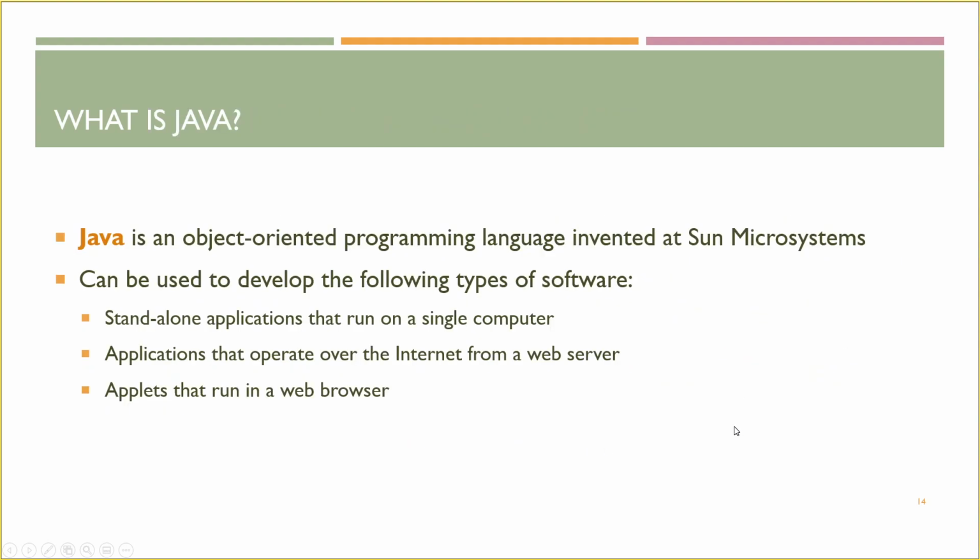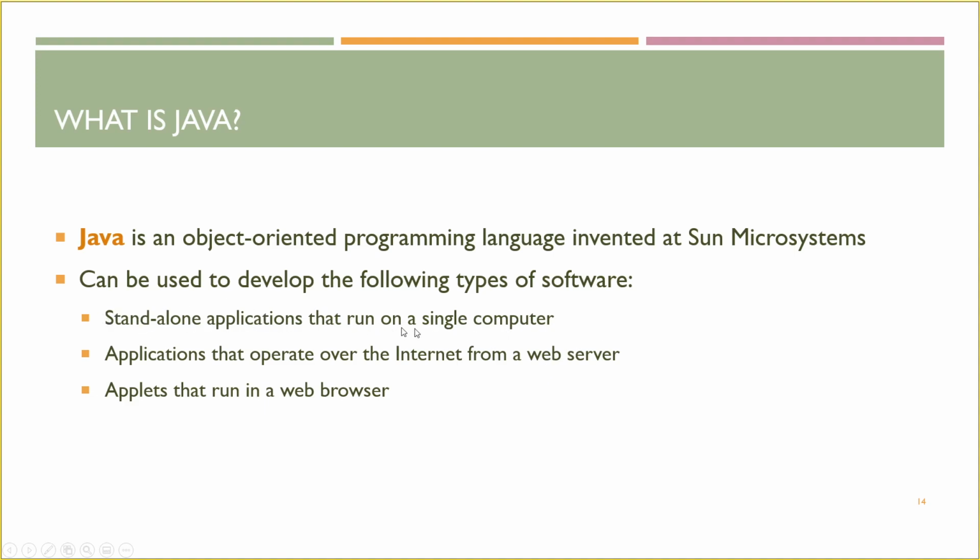So what is Java? Very brief history of Java. Java is an object-oriented programming language, which we'll discuss what that means. But it was invented at Sun Microsystems, which is now Oracle. So Oracle now owns Java. Java can be used to develop several types of software. We can develop standalone applications that run on a single computer.